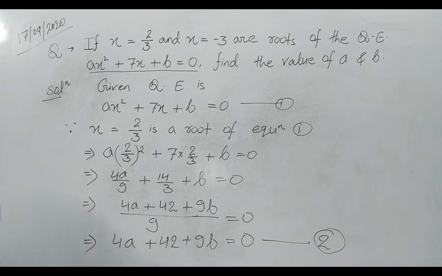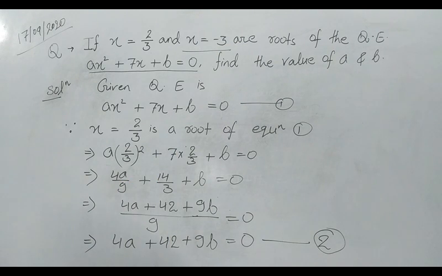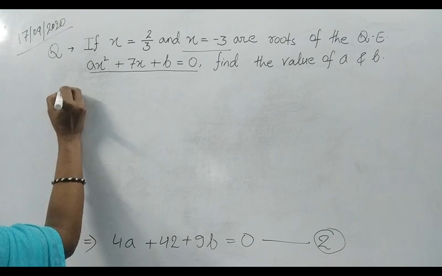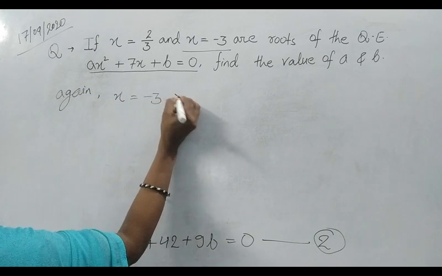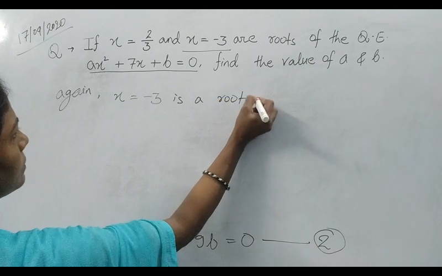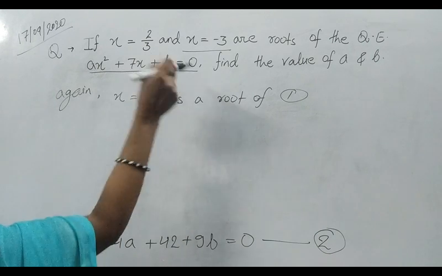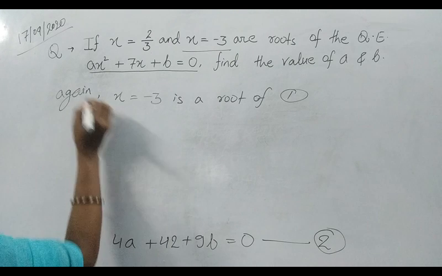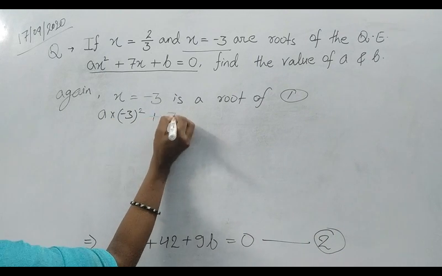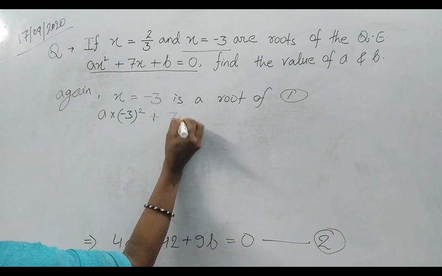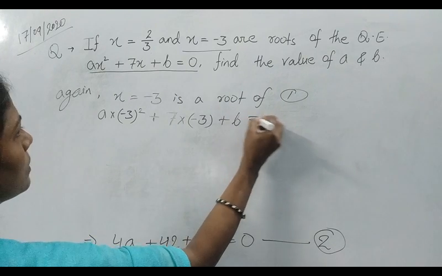Now we take the other value of the root and follow the same steps. Now again x is equal to minus 3 is a root of equation 1. That means again we put x is equal to minus 3 in equation 1. So we write here a into minus 3 whole square plus 7 into minus 3 plus b is equal to 0.